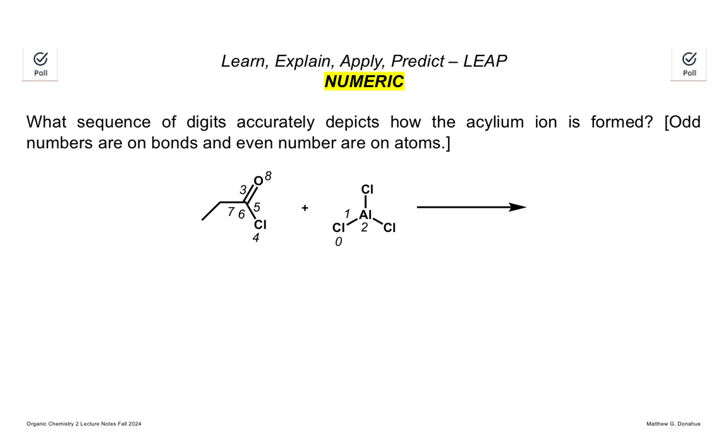And this was sort of a problem that I used to give, where you supply the numbers that show the arrows. And so just doing that, drawing the arrows in, we would ultimately write a sequence of digits 8, 3, 5 to 1.